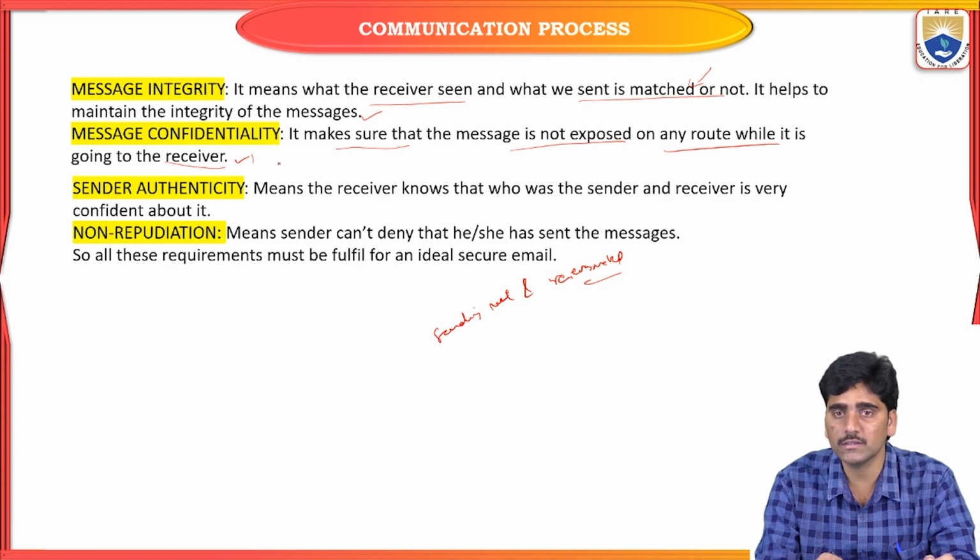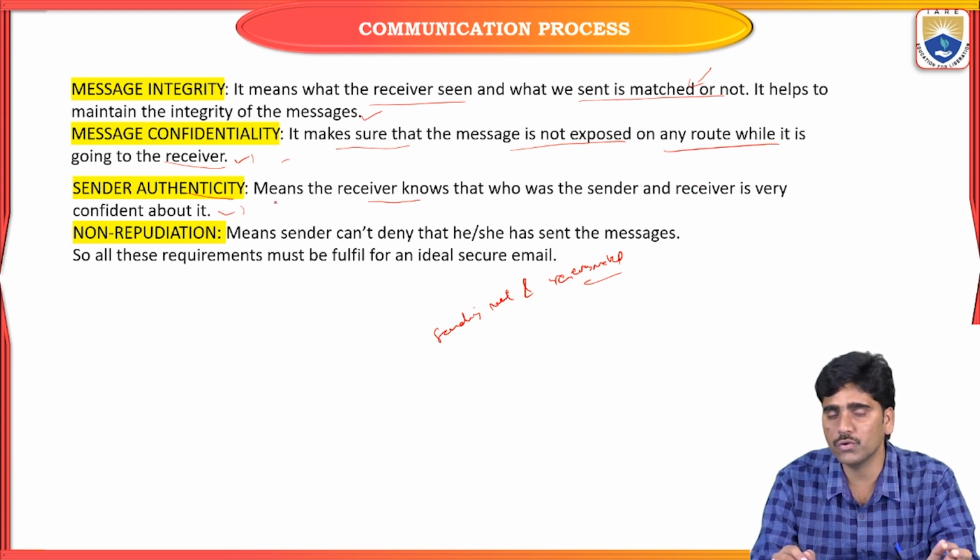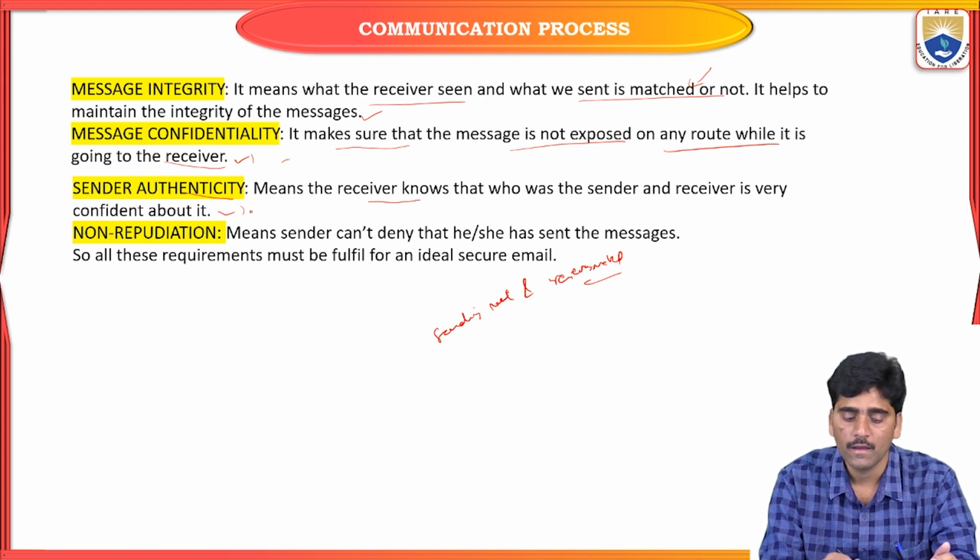So that message has to be confidential, which maintains privacy. And sender authenticity means the receiver knows who the sender was and is very confident about it. But he cannot expose that the mail was received from so-and-so. So sender authenticity is also possible.